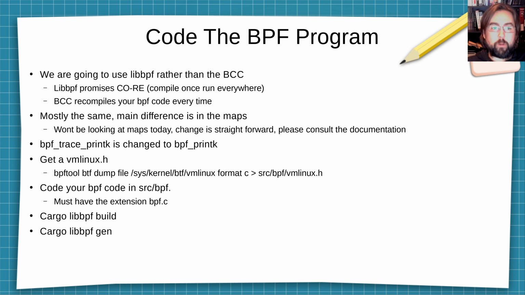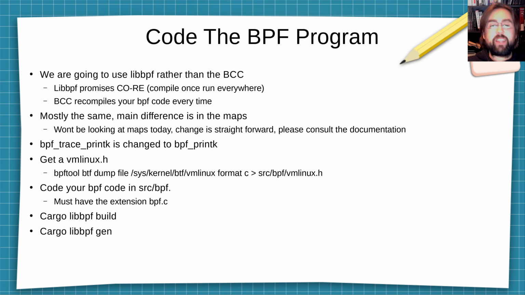This differs from BCC. What BCC does is it takes a raw string of your BPF code, and at runtime it compiles it into an object and then injects it into your kernel.